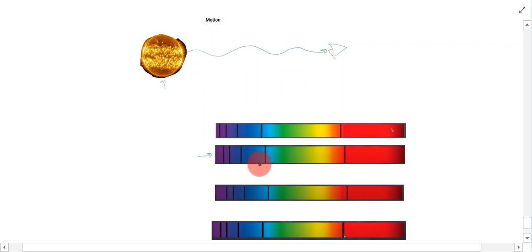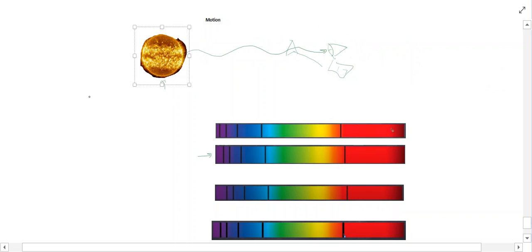We pass it through a prism and it splits up the light, and we look at that and see this particular type of spectrum here. Now, let's say the Sun is moving forward in this direction, or the observer is moving forward.